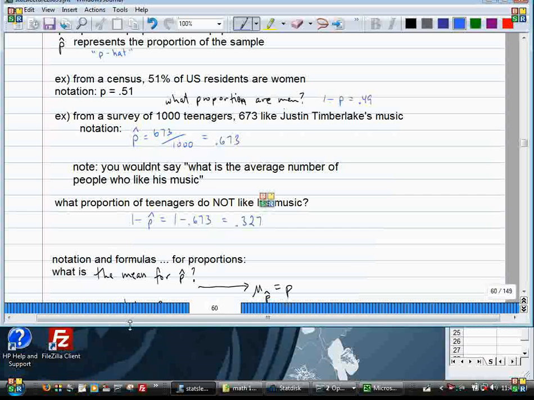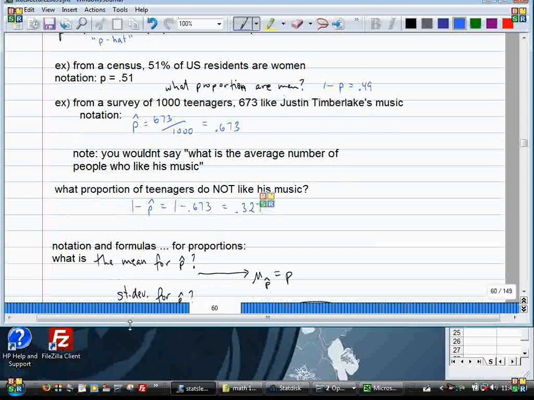So what's the next thing we need to ask about? Yeah, what's the standard deviation for p hat? Now, what do you think the notation for this is? Same thing, how would you say it? Sigma, sigma for what?